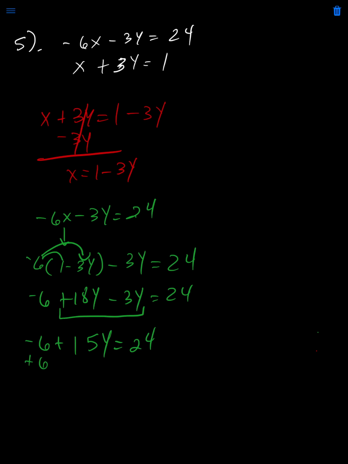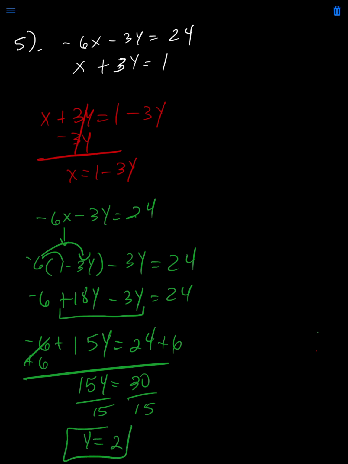Combine these to get positive 18 minus 3 is 15y equals 24. Add 6 to both sides. So you got 15y equals 30. Divide both sides by 15. And then y now equals 2.